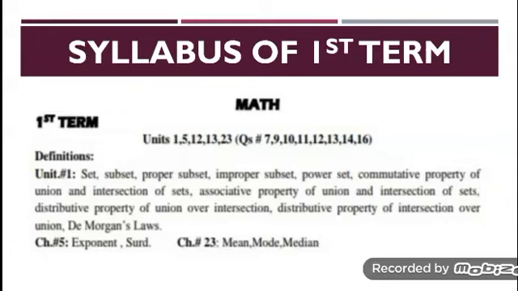Units 1, 5, 12, 13 and 23 are included in the first term. The questions of exercise 23 which are related to mean, mode and median are questions 7, 9, 10, 11, 12, 13, 14 and 16. You will solve only these questions of exercise 23, but you will also solve questions 1 and 2 of exercise 23.